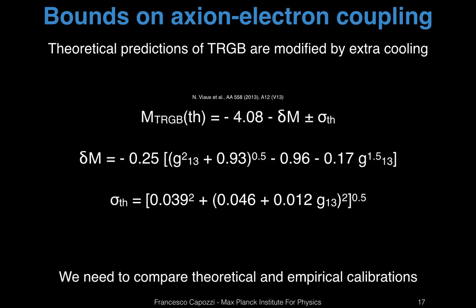And you can see the dependence of delta M as a function of G13 in the second equation, whereas the sigma is just the error on the theoretical prediction, which of course also has a dependence on G13, whereas the other two contributions, one comes from just the theoretical input and the other is the bolometric correction, where the bolometric correction is just something you need to add to the theoretical prediction to obtain the magnitude of the tip of the red giant in the band you are actually comparing with the empirical ones. And in this case, it's the infrared band.